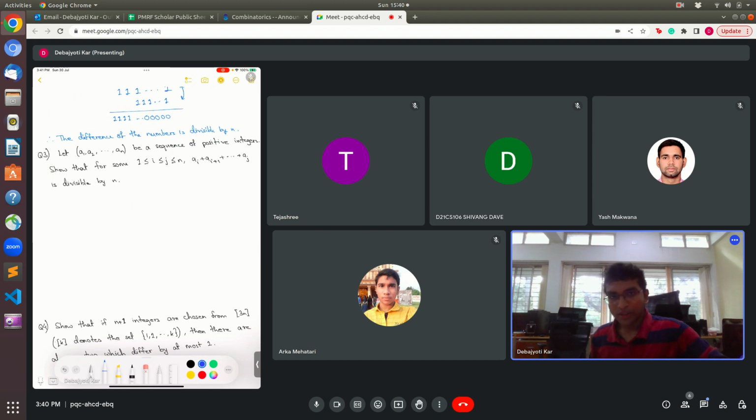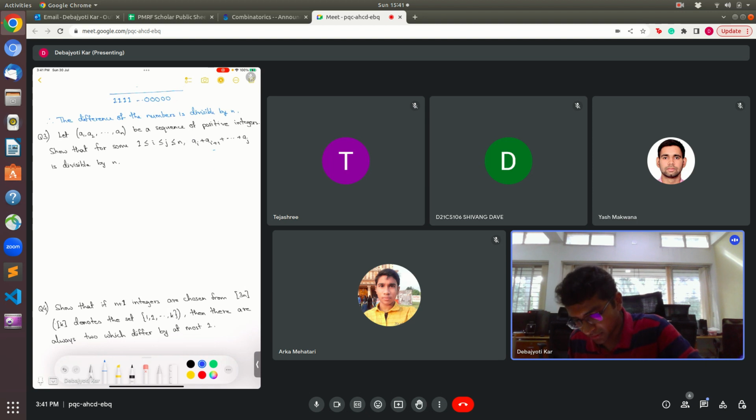Okay, so what does this say? Let a1 up to an be a sequence of positive integers. We need to show that for some two indices i and j, where i is less than or equal to j, the sum of a(i+1), a(i+2) up to aj is divisible by n. So what is it saying? We have the sequence of numbers a1, a2, a3, a4 and so on up to an.